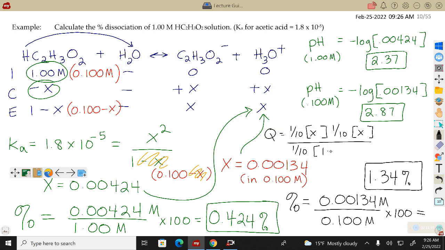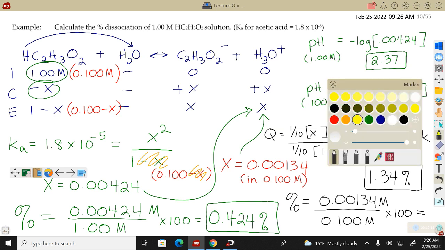So here's kind of my comparison. The original was 1 minus X. In the more dilute solution, everything goes down by 1/10. But then do you kind of see what we would get here? We could write this, oh my gosh, I'm going to squeeze it in here, as maybe Q equals, if I simplify this, 1/10 of K. Oh boy, this is big.